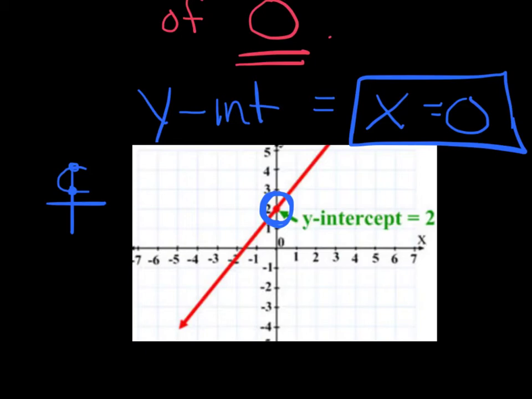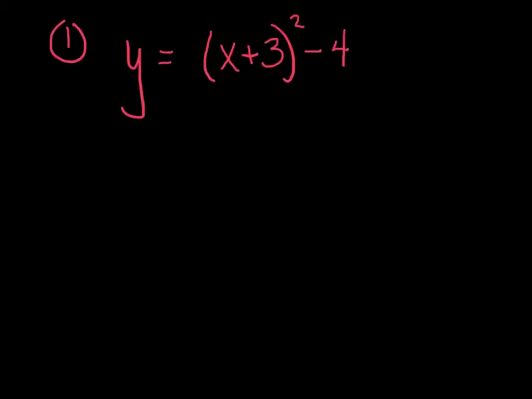Let's try a few examples. So y equals the quantity x plus 3 squared minus 4. If I want an x-intercept, and if you forget, it's very simple to graph it out and just ask yourself what's special about the x-intercepts. If I want an x-intercept, I know that the y value is equal to 0.